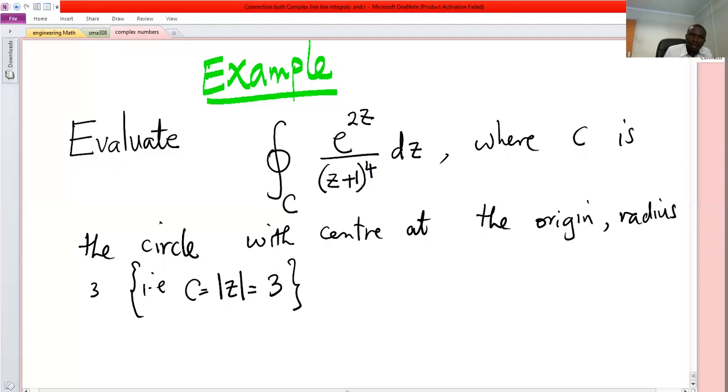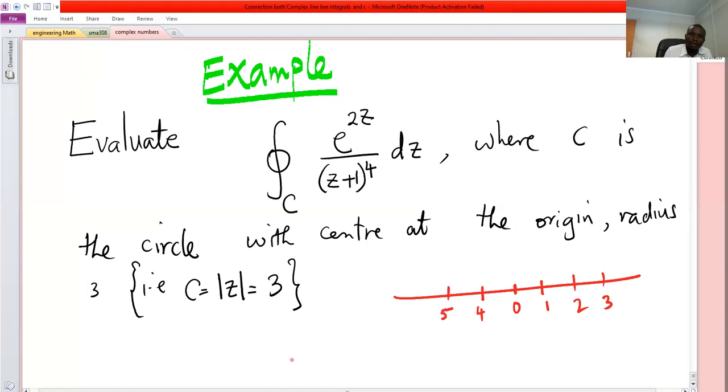So the first thing is that remember, when we have z plus 1, this is a circle. If you measure from the origin, so this is the origin, 0, 1, 2, 3, 4, 5.